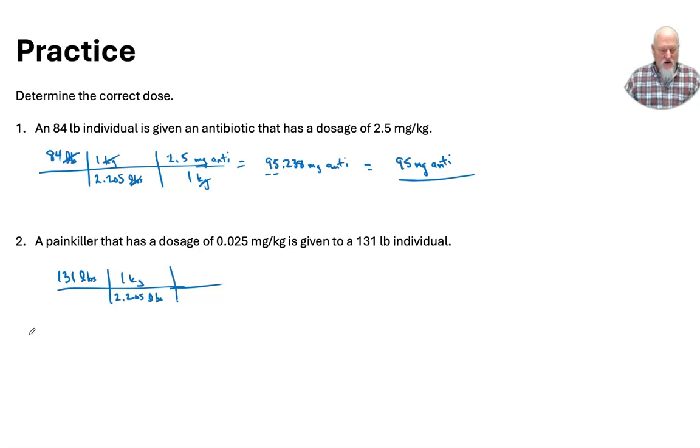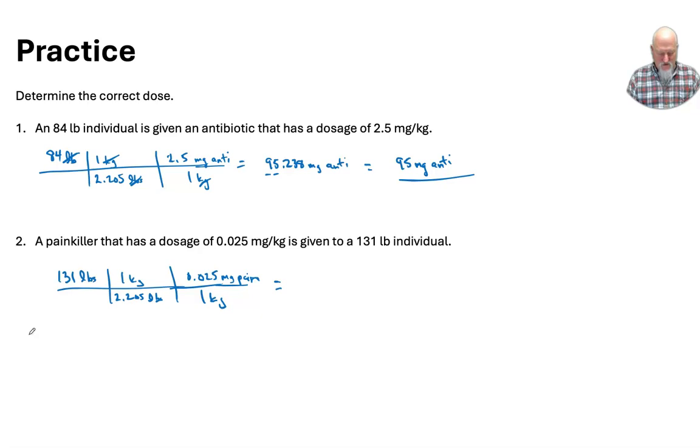And then our dosage is 0.025 milligrams for every 1 kilogram. So we'll put milligrams of pain. We're not giving them milligrams of pain. We're giving them milligrams of painkiller, but you got the idea.